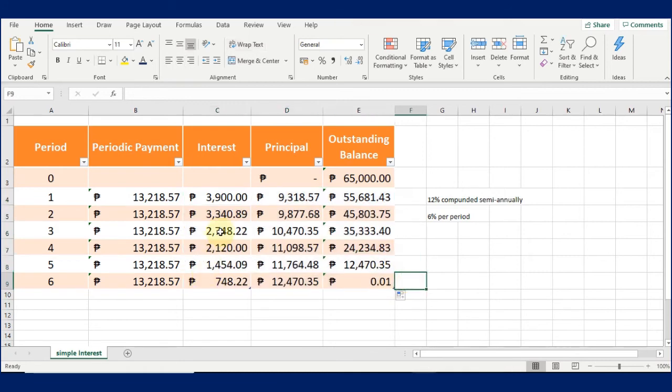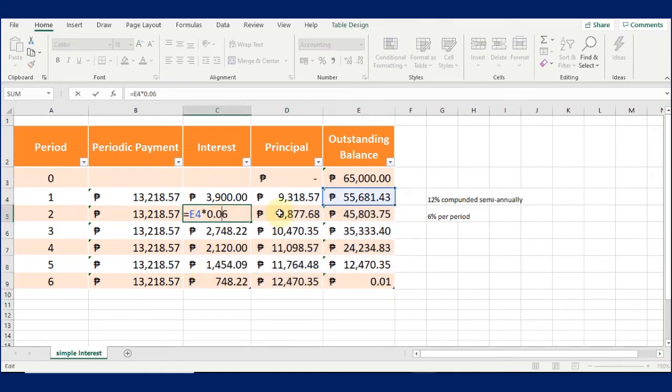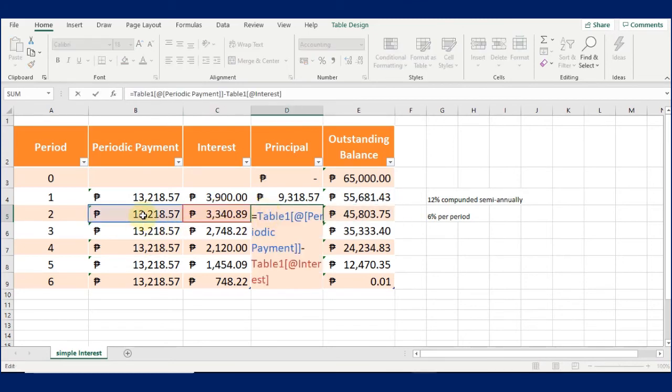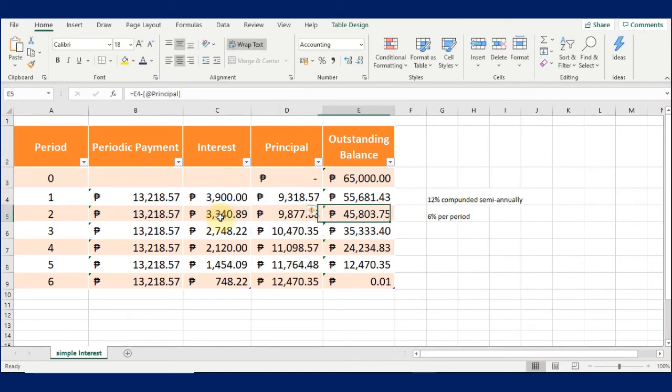There you go. So as you can see, again, let's just look at this one. What is this? This is 6% of the previous balance, correct? And then how do you get the principal? It's equal to your periodic payment minus the interest, right? So as you can see, class, from the table, in any amortization, in the first few periods, mataas ang binabayaran mo sa interest.